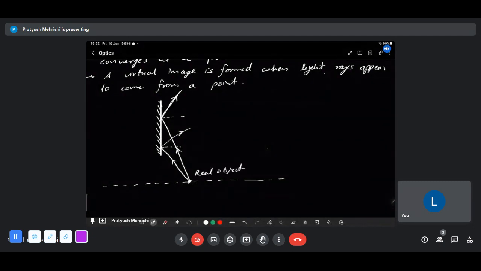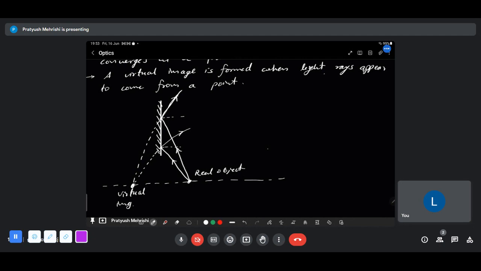This is a real object here. Its image will be formed here. This image will be virtual.